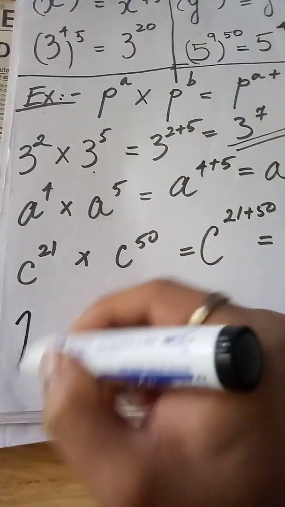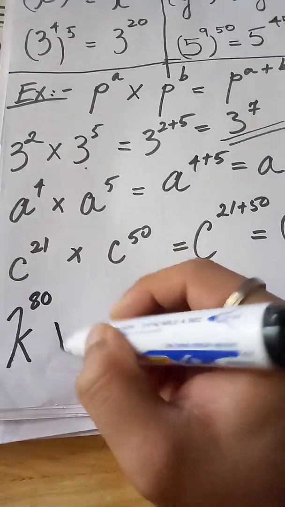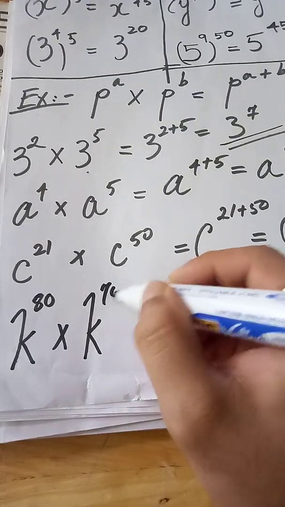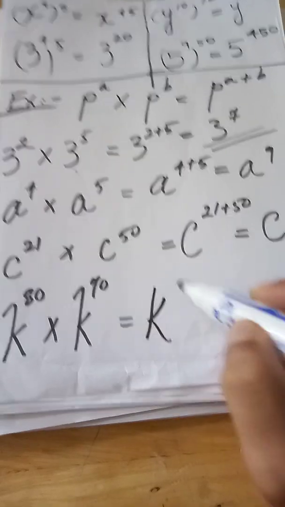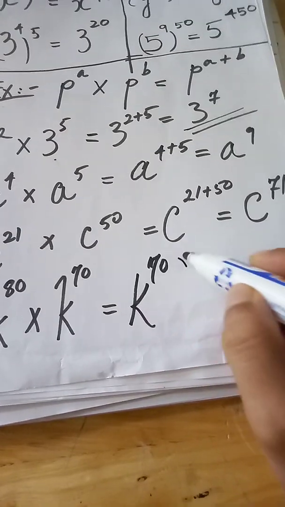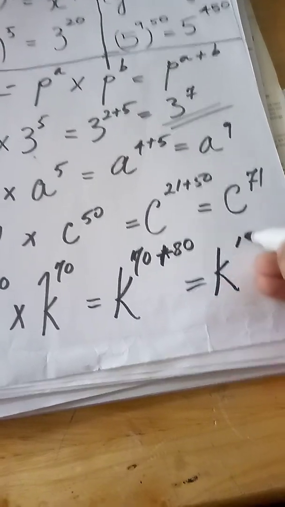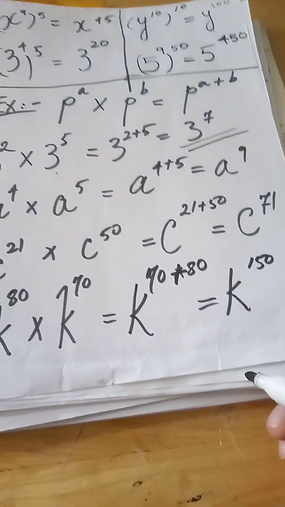Now we move on to k to the power 80 times k to the power 70. That would be k to the power 150.